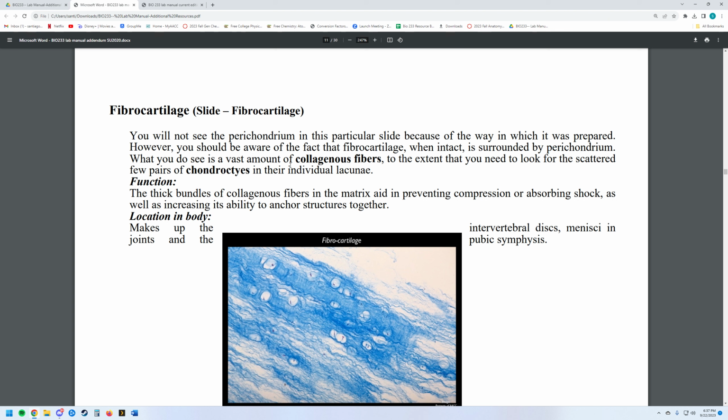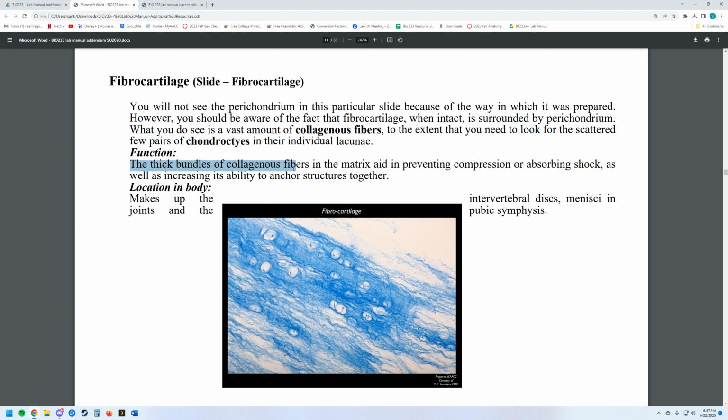What you do see is a vast amount of collagenous fibers to the extent that you need to look for the scattered few pairs of chondrocytes in their individual lacunae. Function: thick bundles of collagenous fibers in the matrix aid in preventing compression or absorbing shock, as well as increasing its ability to anchor structures to surfaces. It makes up the joints and the intervertebral discs, menisci, and pubic symphysis.